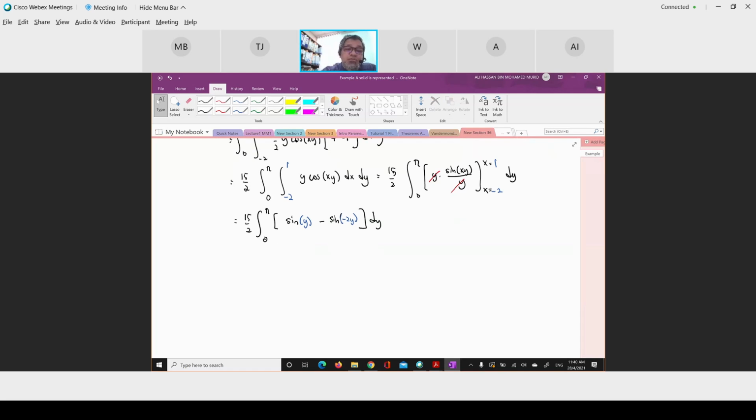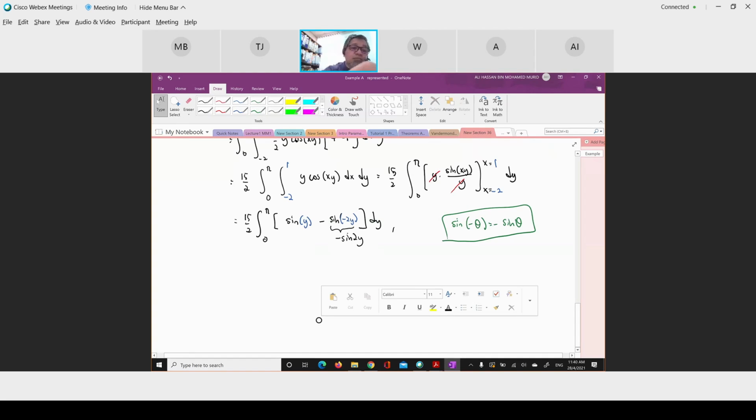And sine -2y is the same as minus sine 2y, because sine is an odd function. So we have minus and minus, so it is plus now. Sine y plus sine 2y.